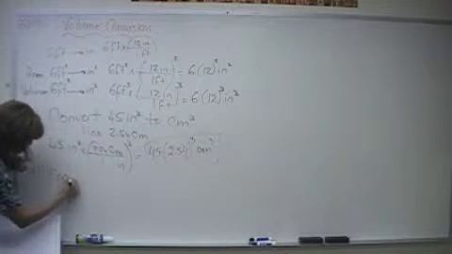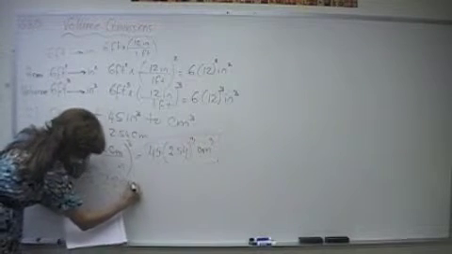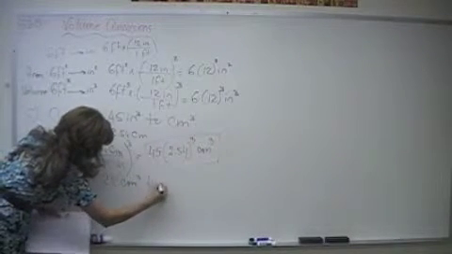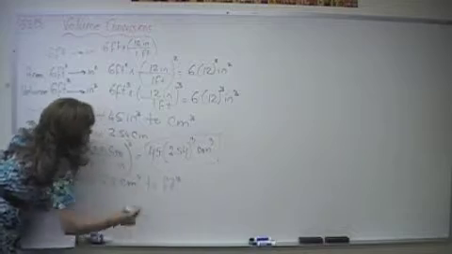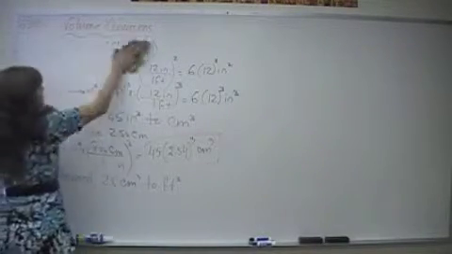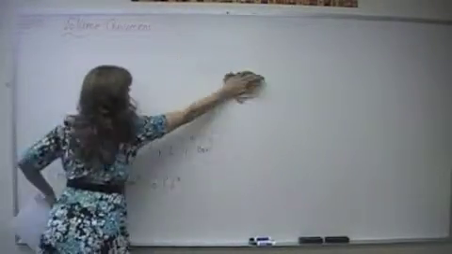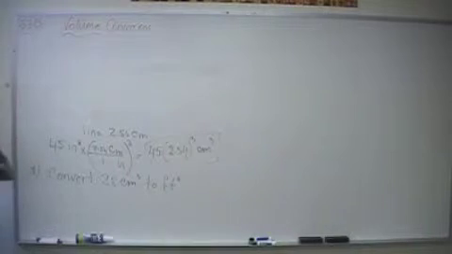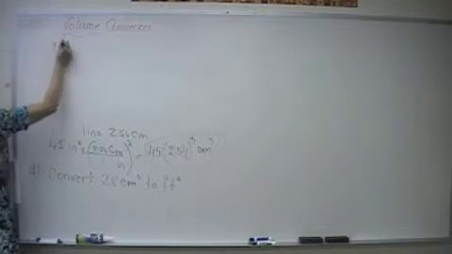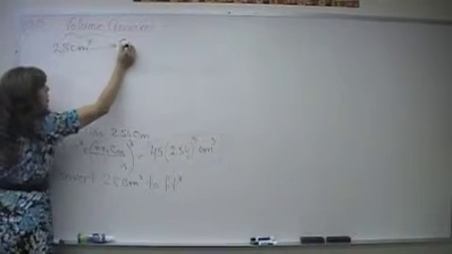Convert 28 centimeter cubed to feet cubed. So we have 28 centimeter cubed to ft cubed.